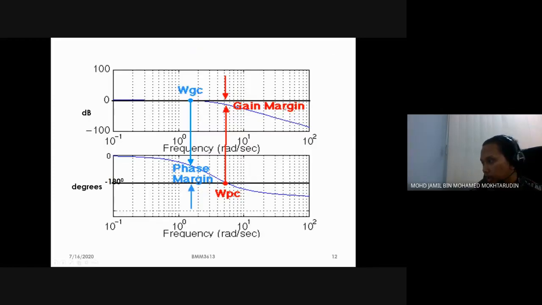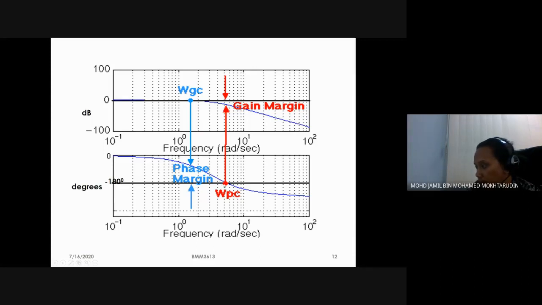Okay, so here is another example of determining gain margin and phase margin. First, let's look at gain margin. We need to determine gain margin frequency, which is the frequency at negative 180 degree.